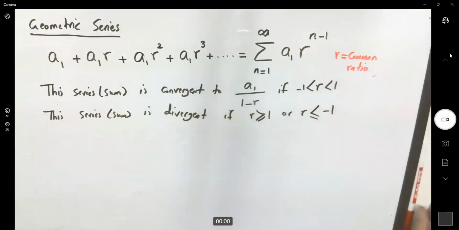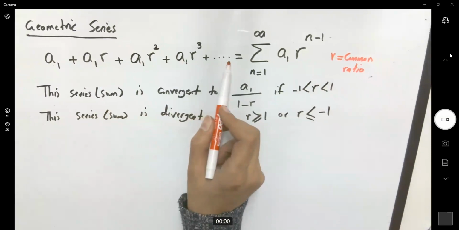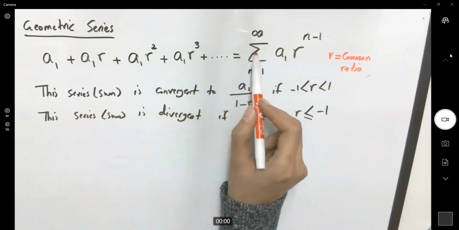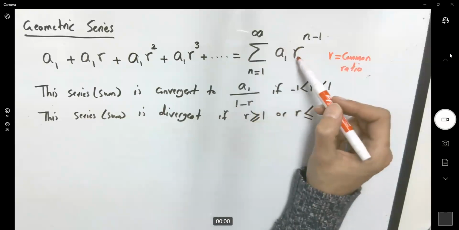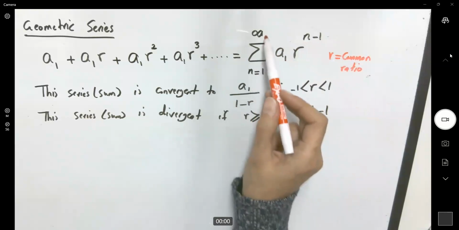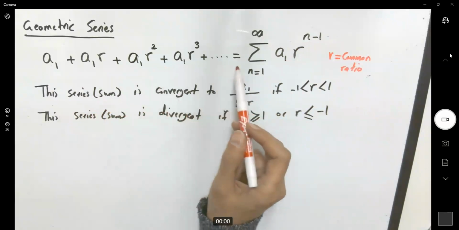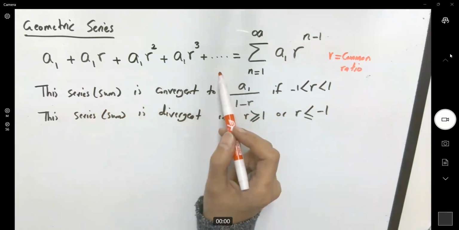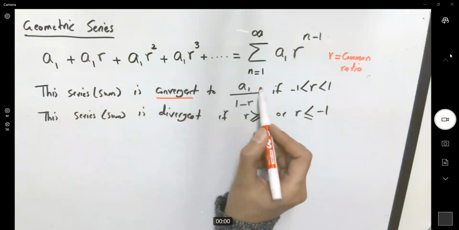So it is important to notice that this series, this sum, which we denote by sigma, the summation notation, a1 r to the power n minus 1, n starts from 1 to infinity, means that we are just adding these terms together and we are not stopping anywhere. This sum is going to be convergent to a number.